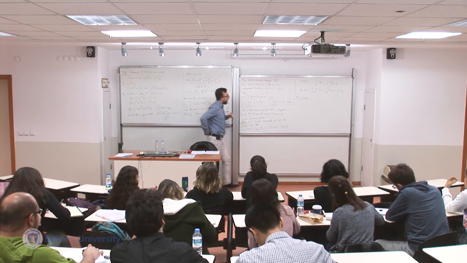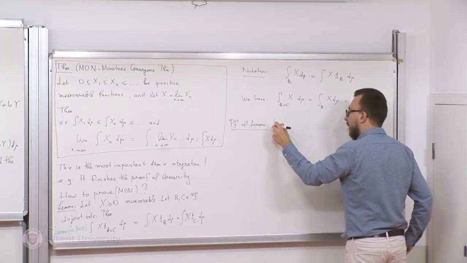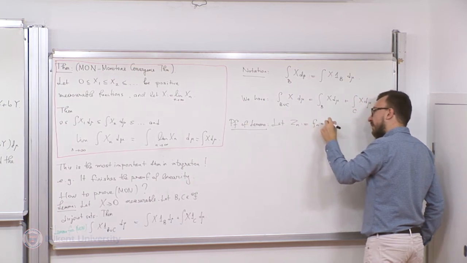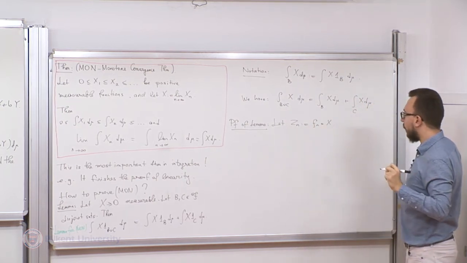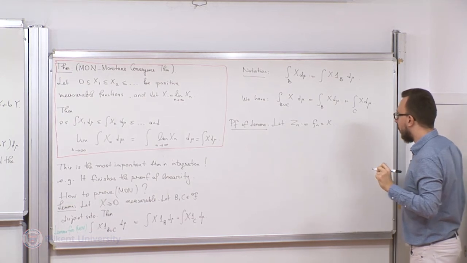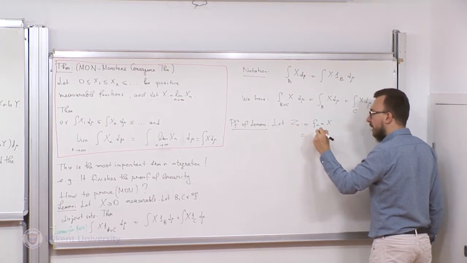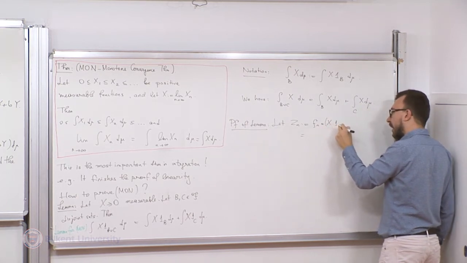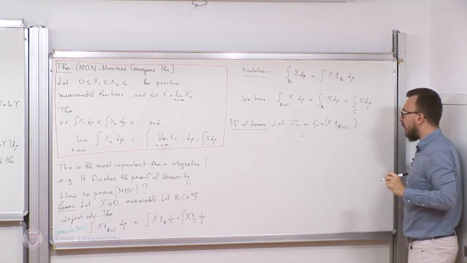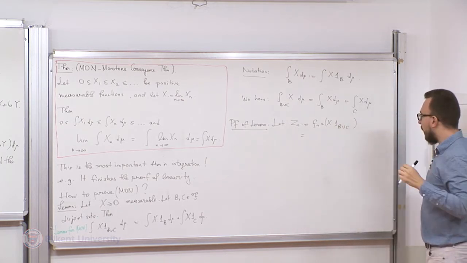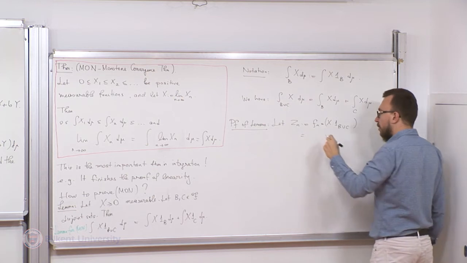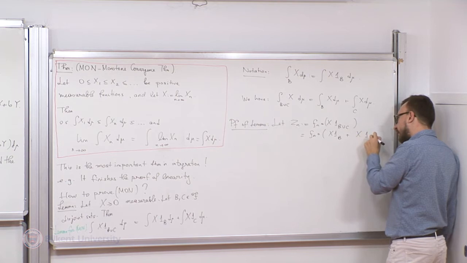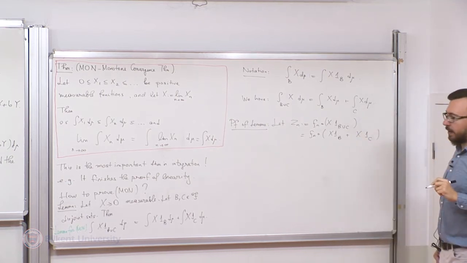So if you look at just Fn of x, or maybe let's say x indicator B union C, okay? You can see it as x indicator B plus x indicator C, right?